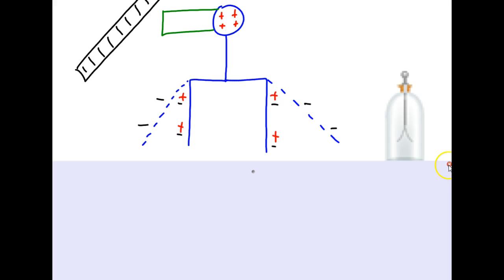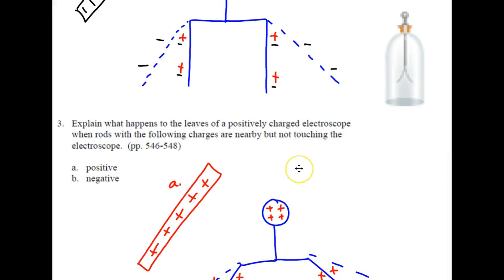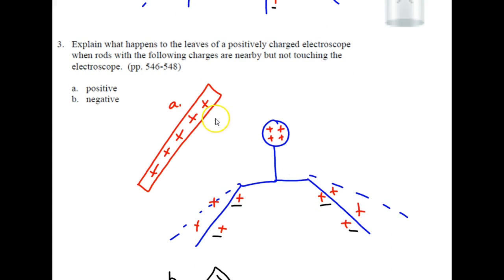Number 3, explain what happens to the leaves of a positively charged electroscope when rods with the following charges are nearby but not touching the electroscope. In other words, brought close enough so the spark doesn't jump between the two.